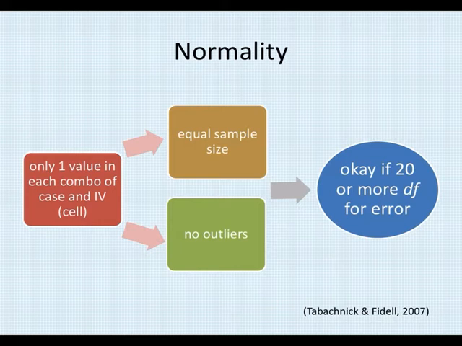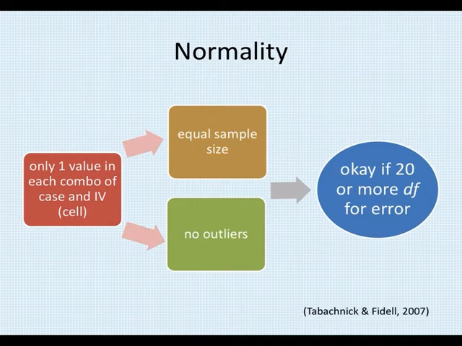So for factorial design, do you remember that we split the file, or based on your homework, based on the 2 IVs? And then we had the 6 cells. And then we tested normality for each cell, if we were to test. But for this, we only have one value in each combo of case and IV.